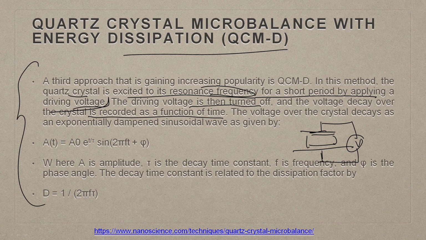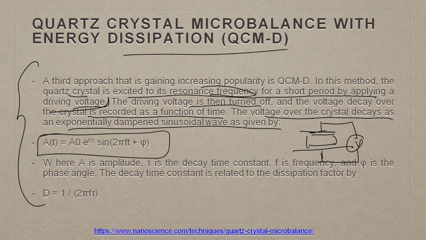Now, the voltage over the crystal decays as an exponentially dampened sinusoid given by this particular expression, where A is the amplitude, tau is the decay time constant, f is the frequency, and phi is the phase angle.